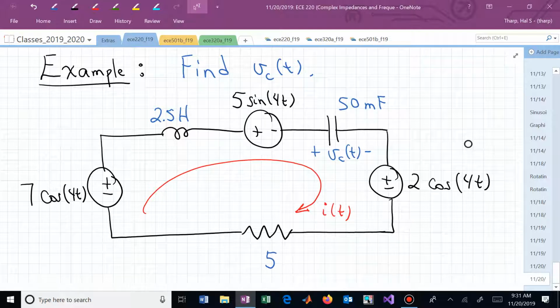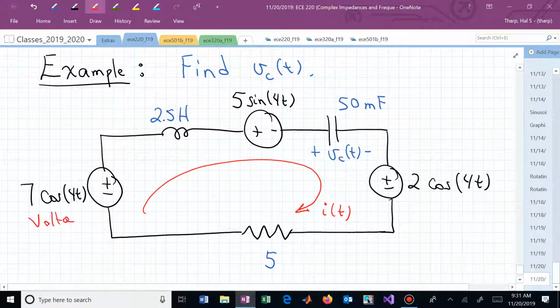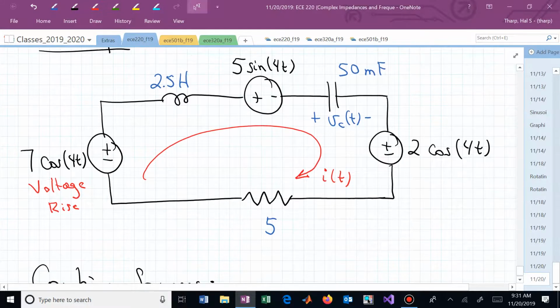It encourages I. The other two are discouraging I, pushing against I because of the way they are labeled polarity-wise, or how they've been inserted into our circuit. So if we keep track of voltage rises, this is a voltage rise, so let's call that positive.